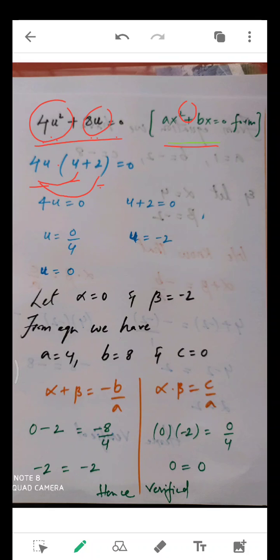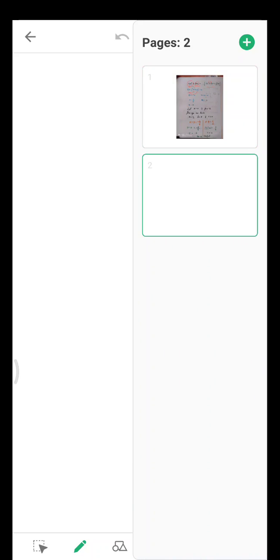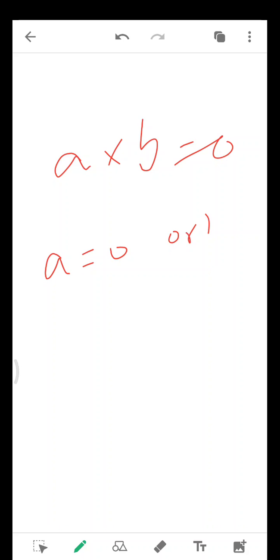Now, whenever you have two terms in multiplication, if I say a into b equals 0, then either a should be 0 or b should be 0. This is called the null factor law.